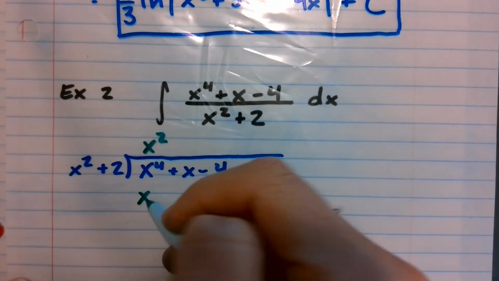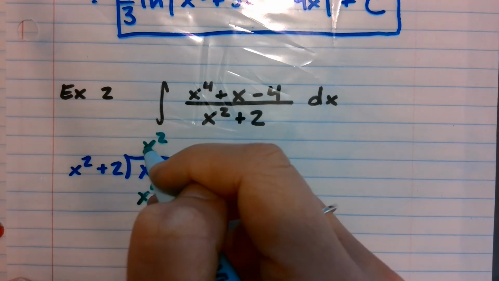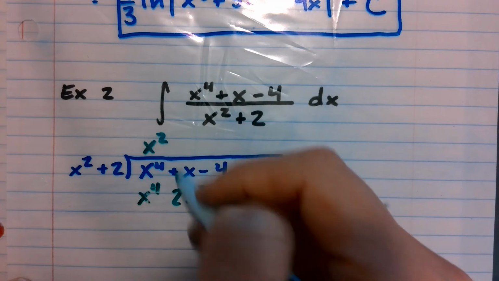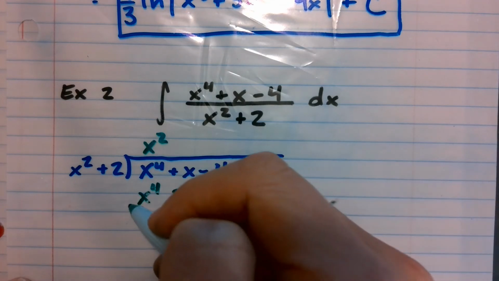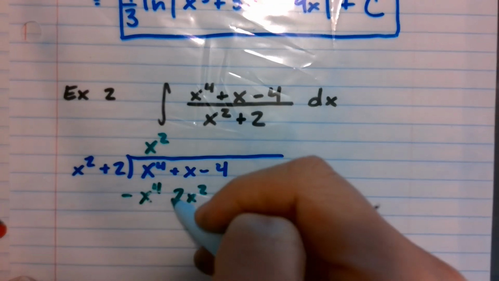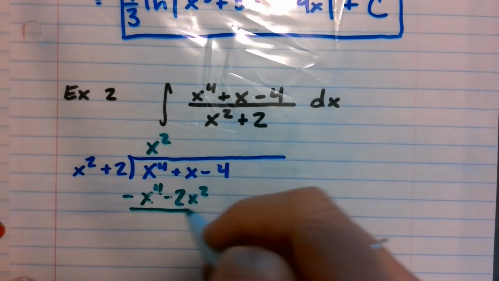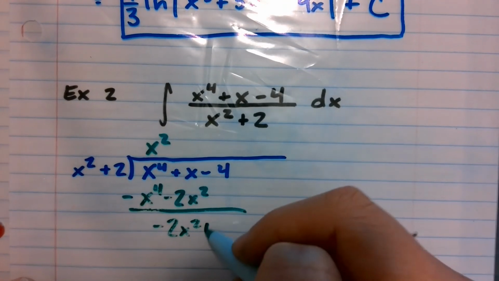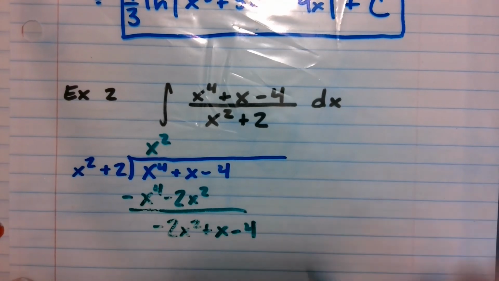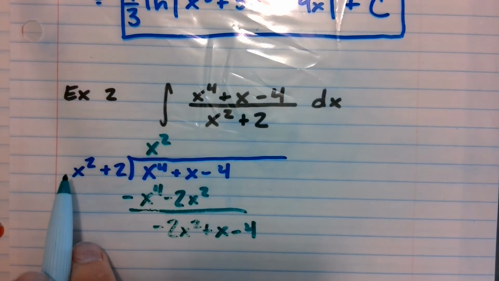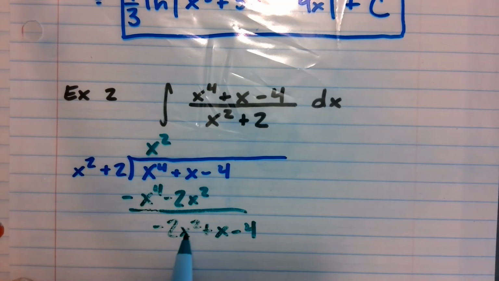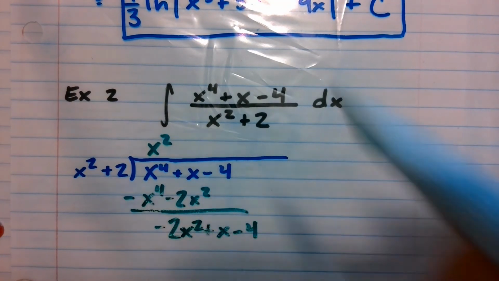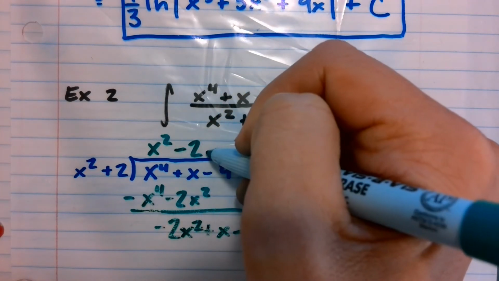I'm going to multiply my x squared times x squared and then 2 times x squared. It doesn't really matter that there's not an x squared, I'm just going to add it to nothing. And then remember with long division, you're always changing the signs or subtracting. So I'm going to get a negative 2x squared plus my x minus 4. Same thing again, what can I multiply x squared by to get my negative 2x squared? So I want to multiply it by a negative 2.